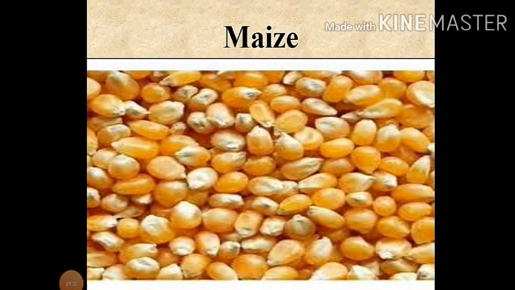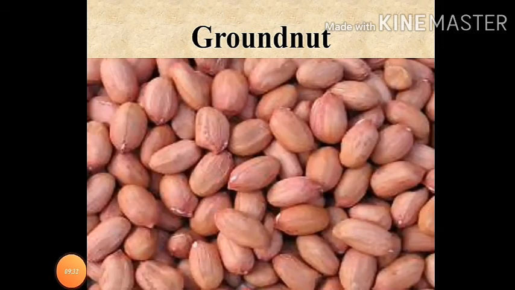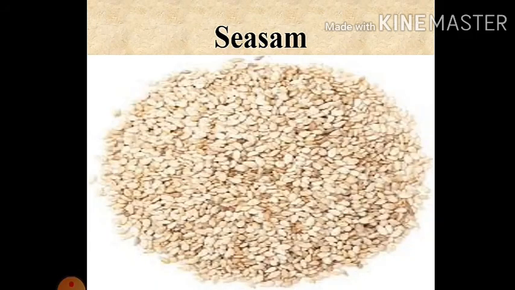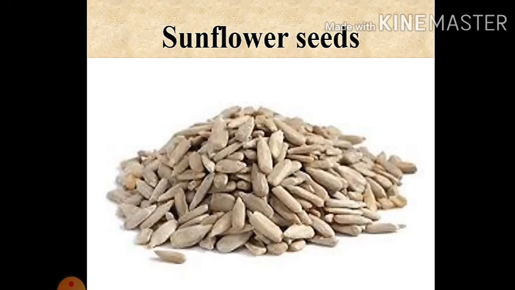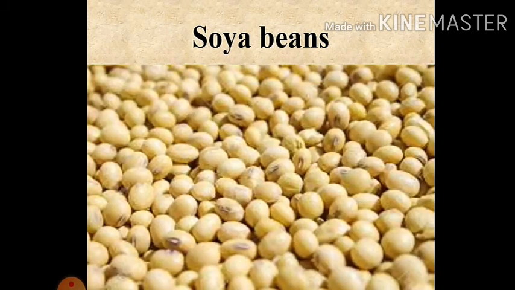These are some examples of cereals. Now let's see some of the examples of oil seeds: groundnut, sesame, mustard, sunflower seeds, soybean seeds. So all these were the examples of oil seeds.